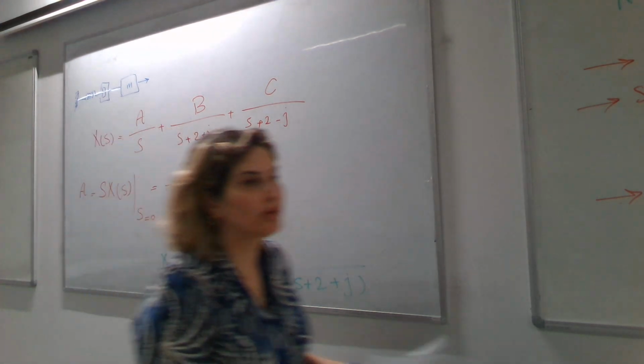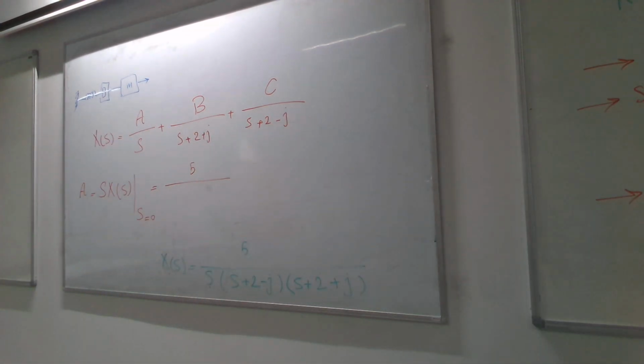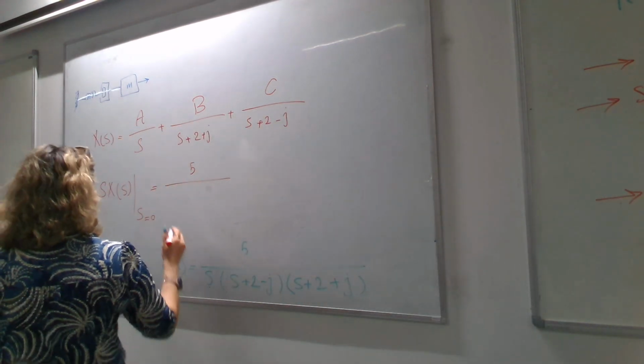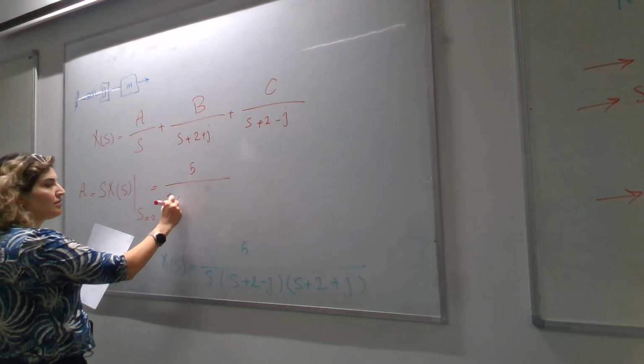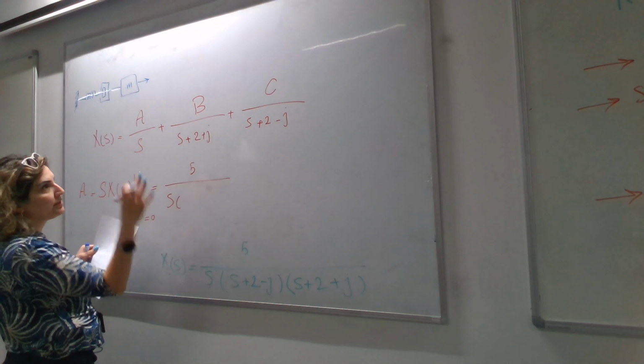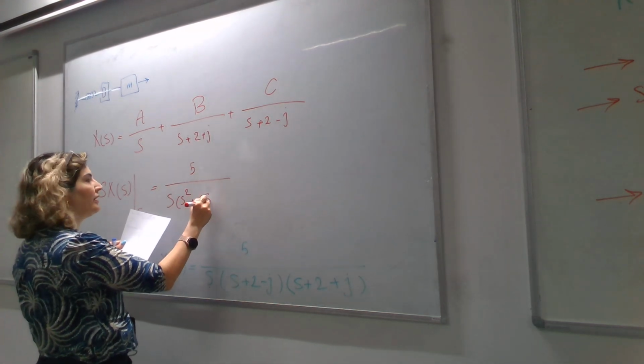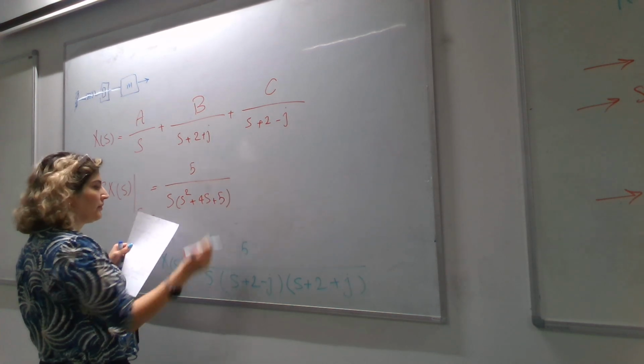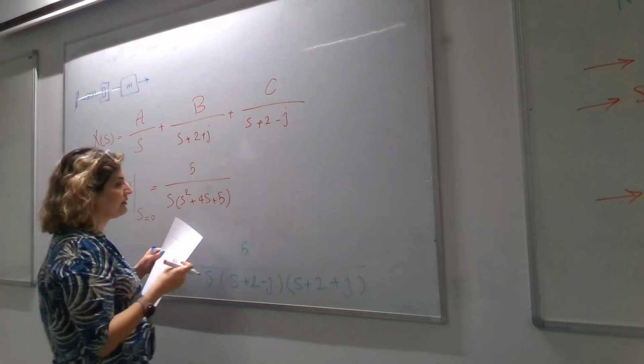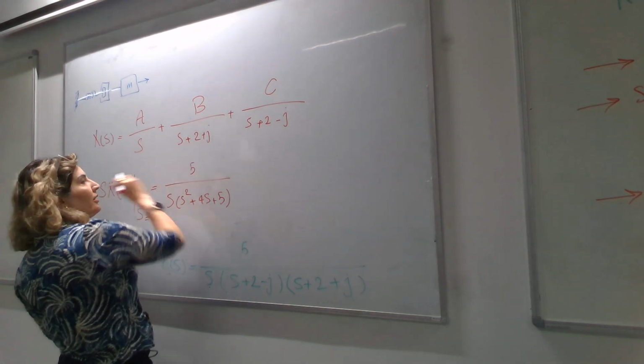Sorry, let me check that. I think I missed something there. No, I'm right. Okay. So I have 5 and s. If I write the initial form of that, it would be s squared plus 4s plus 5. You can also write it this way, that's okay.